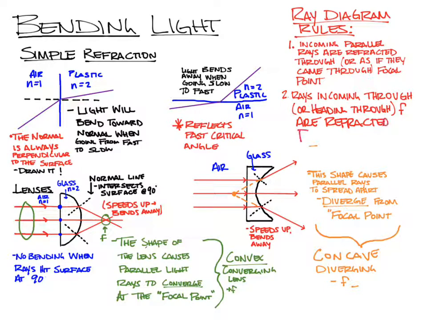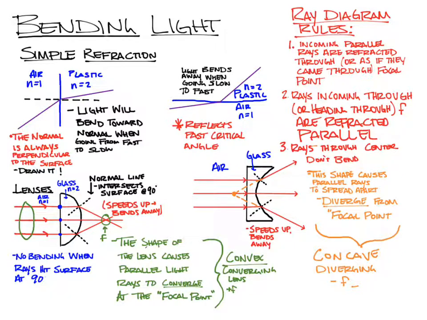That's just a reverse of the first one. Okay, so if parallel rays are focused to the focal point, rays coming from the focal point are bent parallel. And then the third one, any ray passing through the center of the lens doesn't get bent at all. So rays through the center don't bend.